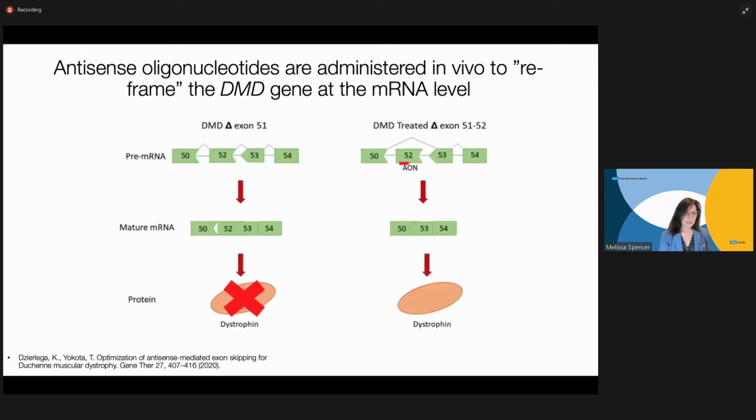So this idea of reframing the gene has also been the basis for antisense oligo-mediated exon skipping, and we have 3 approved drugs based on this idea. Antisense oligos are just small chemically modified oligos that are administered through the bloodstream, and they act on the pre-mRNA.